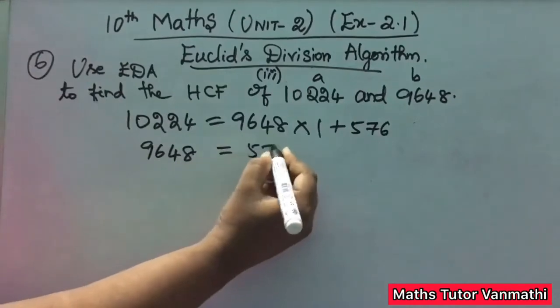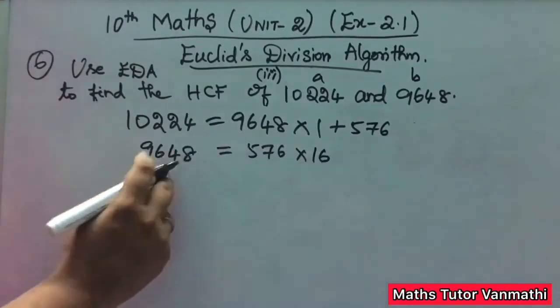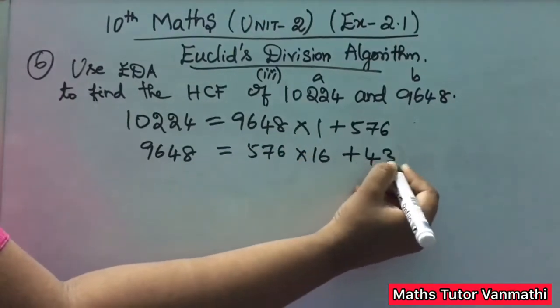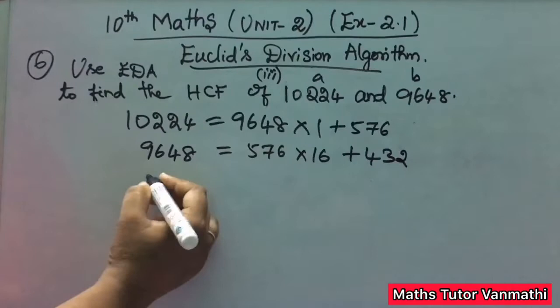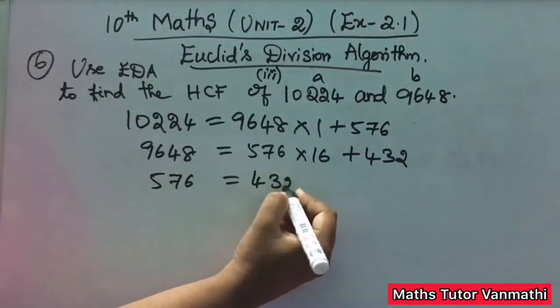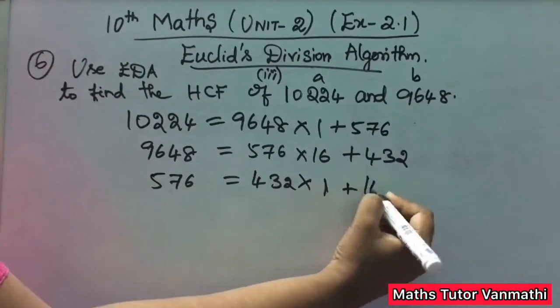9648 equal to 576 into 16. On dividing this you will get 576 into 16 plus 432. Okay, and again divide this. 576 equal to 432 into one time only, plus remainder value 144.